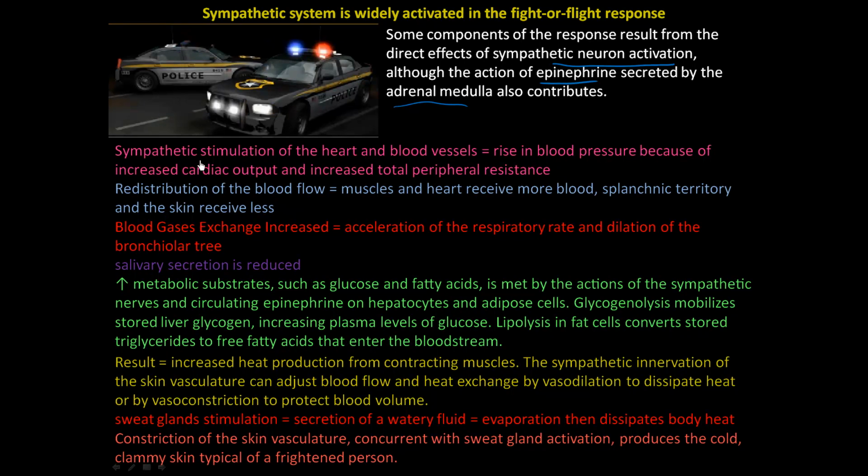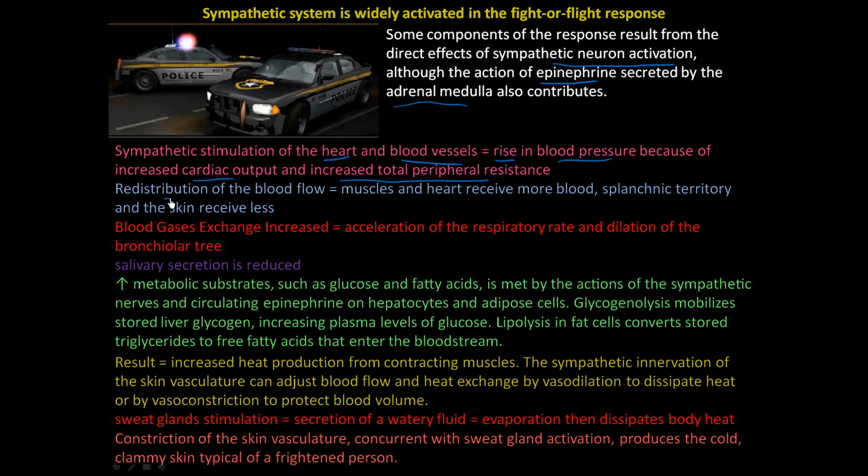And so sympathetic stimulation of the heart and blood vessels causes a rise in the blood pressure because of increased cardiac output and increased total peripheral resistance. So the total peripheral resistance means that some of the blood vessels are going to be constricted to give more blood to cardiac output, and you see a rise in blood pressure.